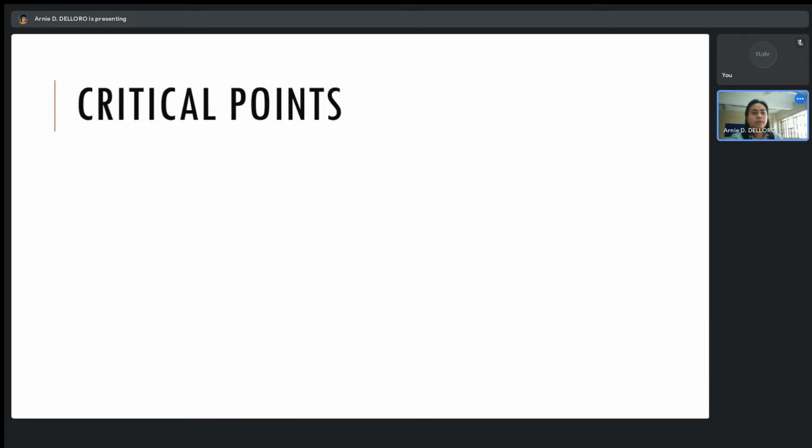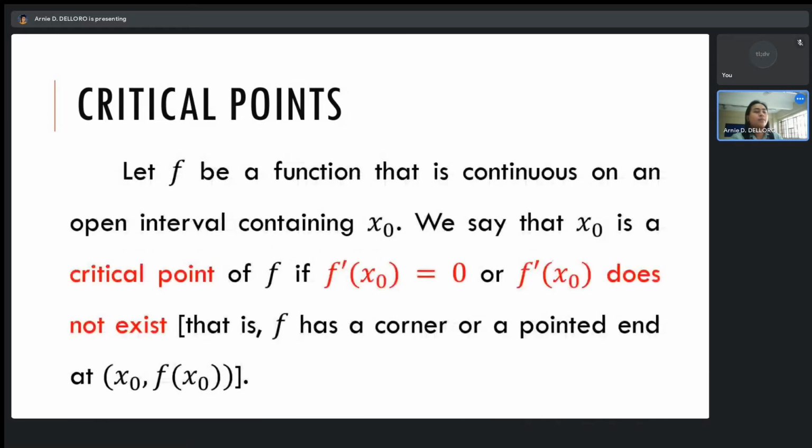We define critical points as follows: we let f be a function that is continuous on an open interval containing x sub 0. We say that x sub 0 is a critical point of f if f prime of x sub 0 is equal to 0 or f prime of x sub 0 does not exist.